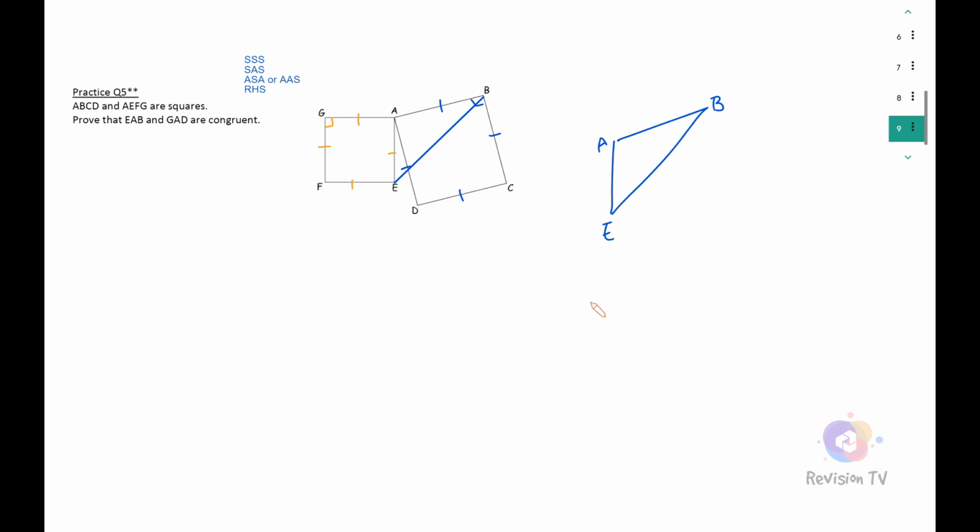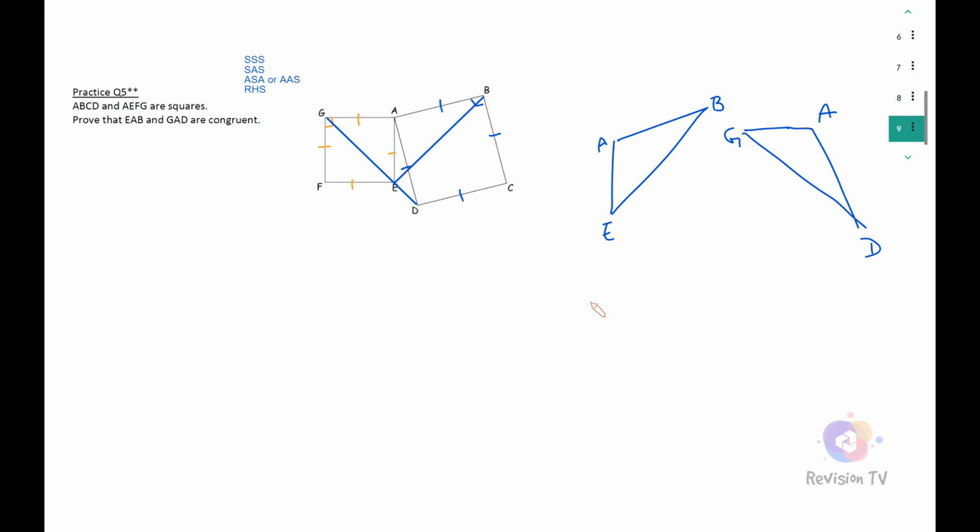GAD. So what's GAD? GAD is here. Okay, so another one. So GAD. Right, it's quite ugly, but please spare me.